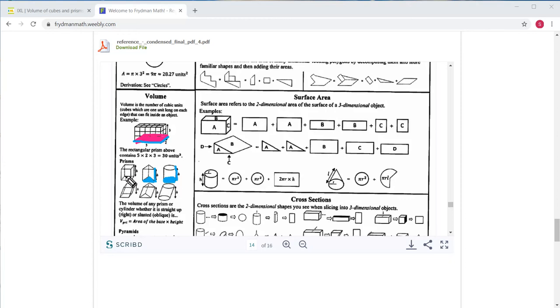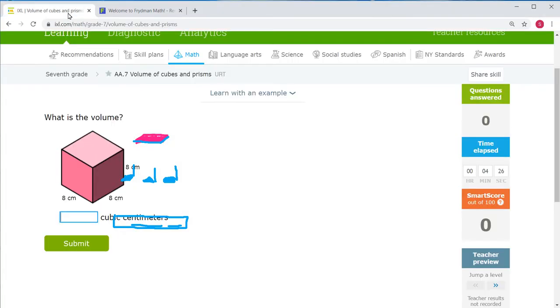Okay, so for a rectangular prism, you find the area of the base, which is a rectangle, and multiply that by the height, and that turns out to be the easiest one. Okay, but in general, to find the volume of a prism, you're going to find the area of the base and then multiply by the height. Okay, so it's going to be pretty simple. Let's go ahead and do some IXL problems.